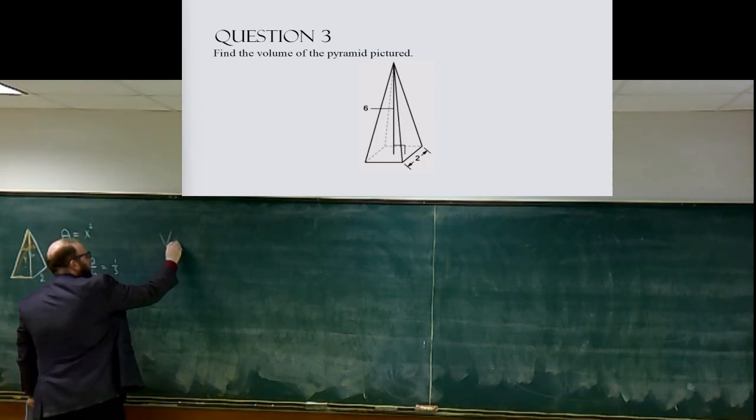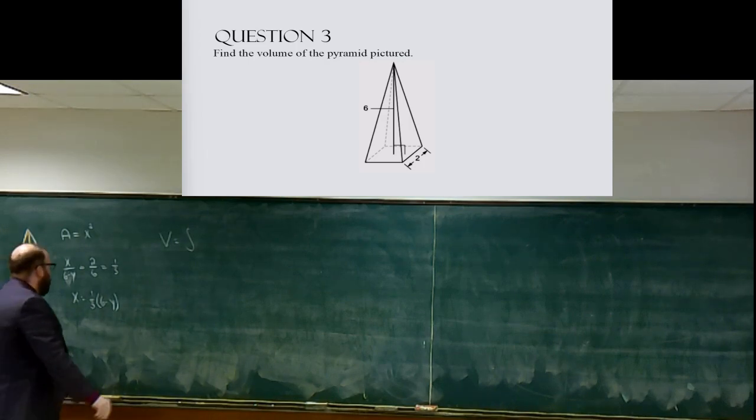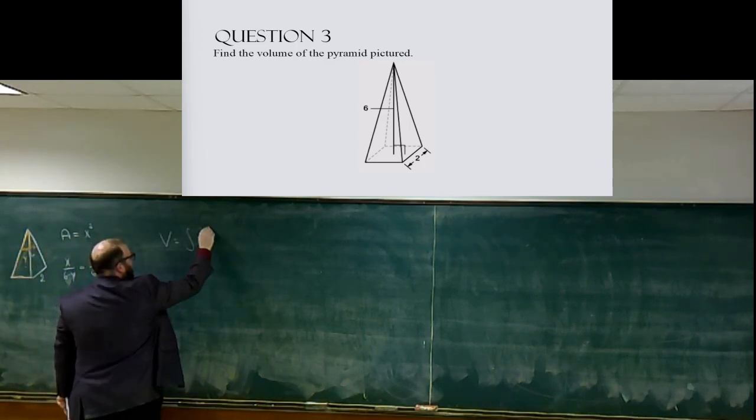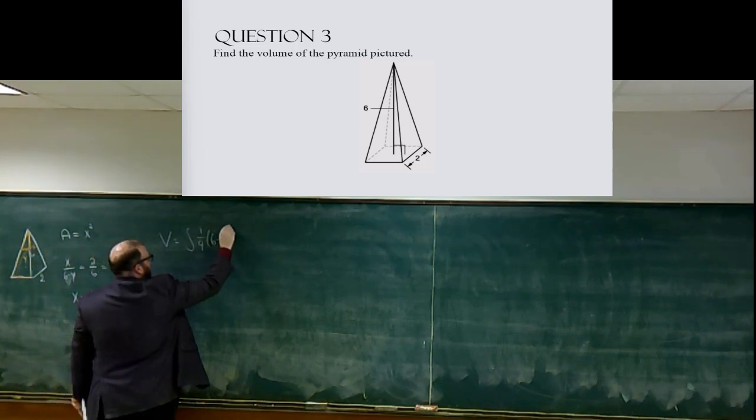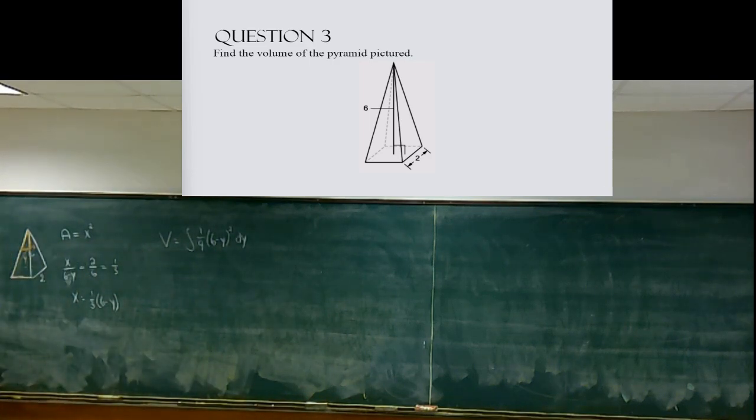Volume is the integral of that cross-sectional area, 1/9 times the quantity 6 minus y squared, dy.